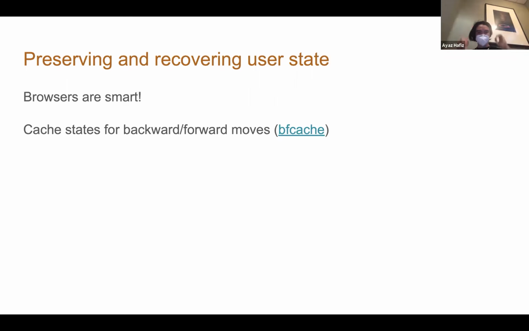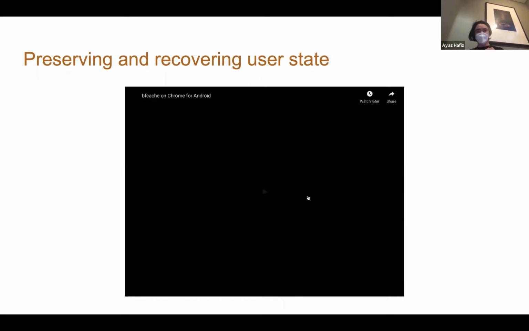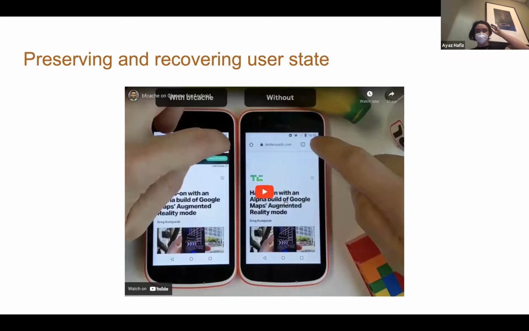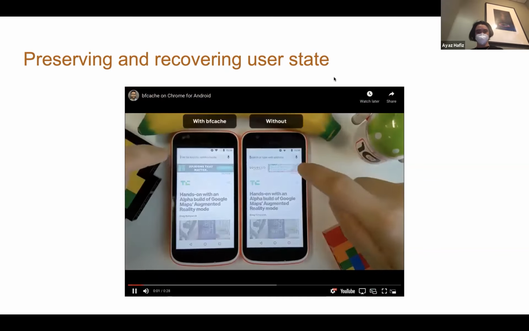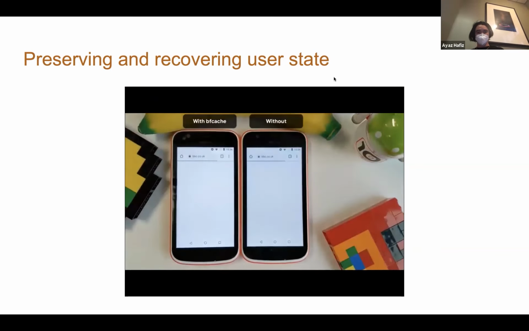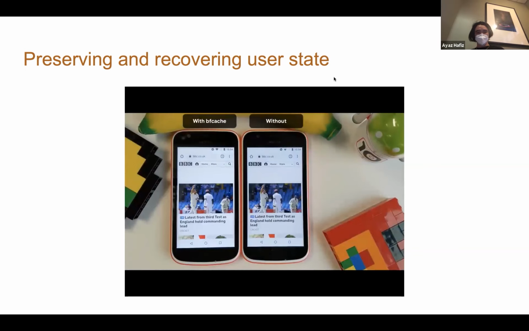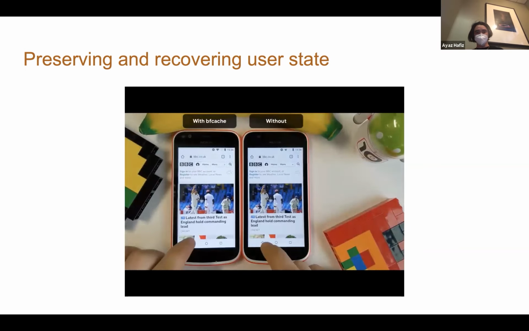So they introduced this thing called the back-forward cache, or bfcache for short. Here's a small video demonstrating the difference. Okay, so now they've moved on to a new page.